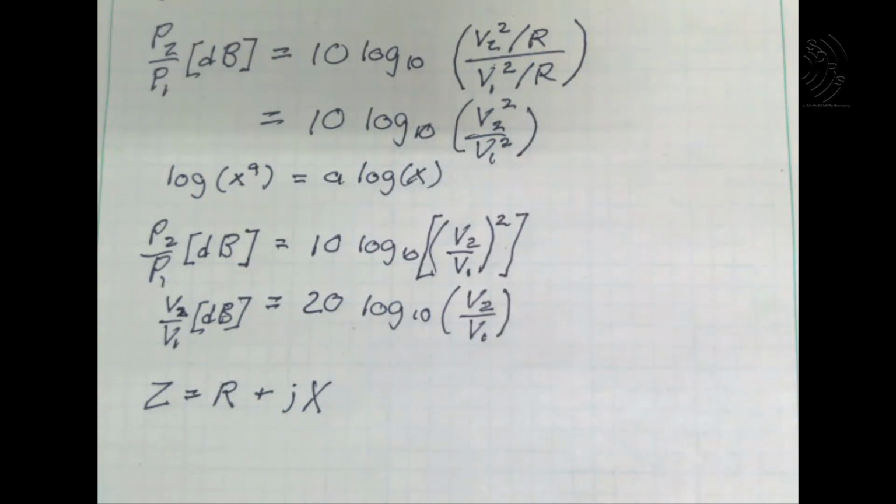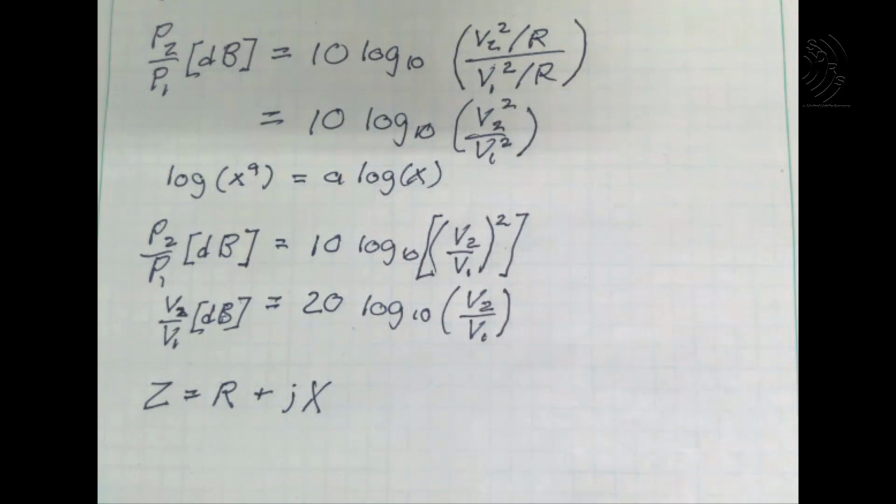And in electrical engineering, we most frequently use lowercase j as the symbol for the square root of -1, rather than lowercase i, because lowercase i is often used to represent a time-varying current.